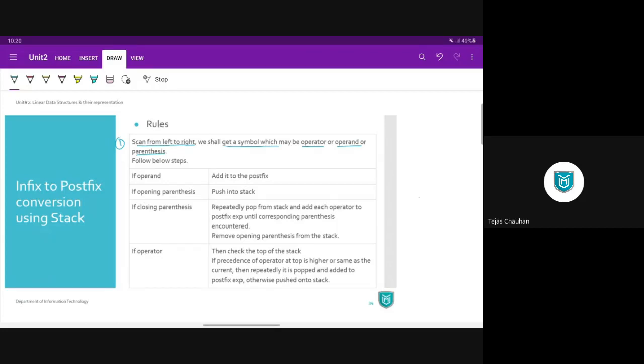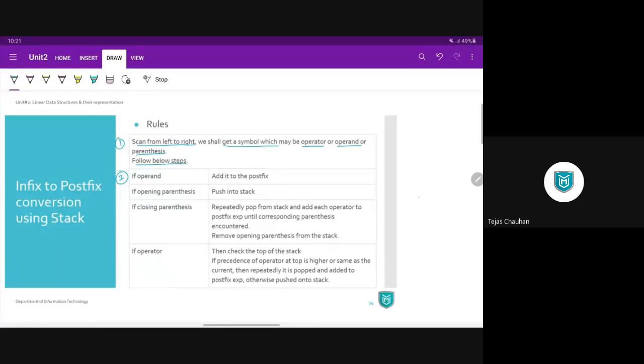So when I scan my input and I get my first character, that first character can be either an operator, or an operand, or a parenthesis. So there are three different cases. Now based on those three cases, we follow the below steps. Right? Now what are those steps? Let's have a look at it one by one.